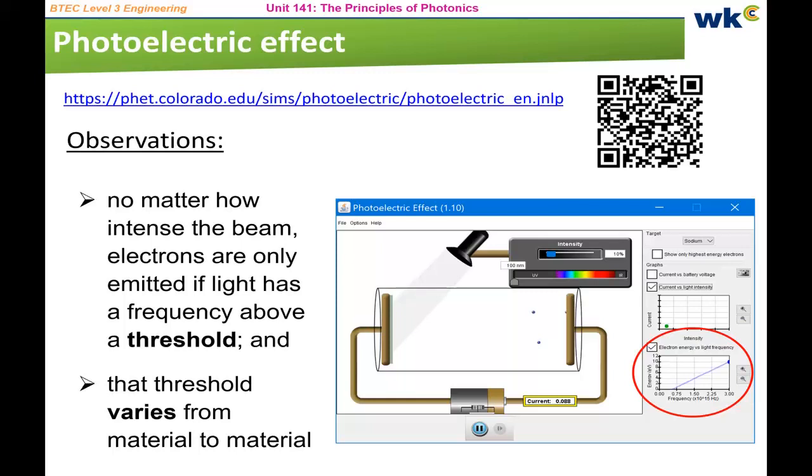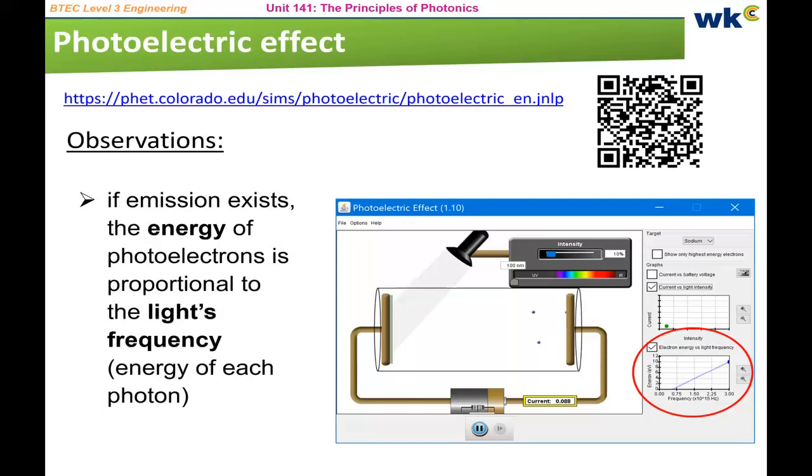Also, another observation that comes from experiment is that this threshold frequency varies from material to material. Well, that's because the work function is different. A third observation from experiment is that as long as there's emission, so the frequency is enough to have electrons being emitted from the metal, the energy of the electrons is proportional to the light's frequency.